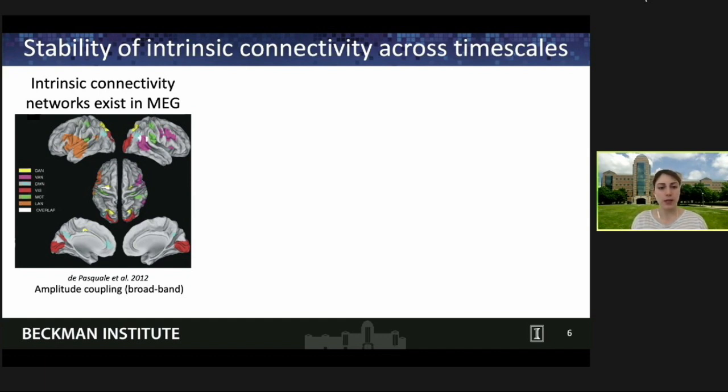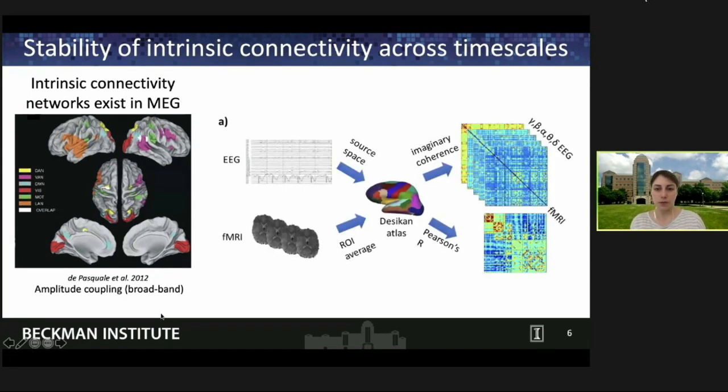This is seed-based connectivity, in this case in 1 through 150 hertz broadband signal, estimated as amplitude coupling. Another thing that you can do is starting off with your channel-wise data, either EEG or MEG, and then generate the whole brain connectome.